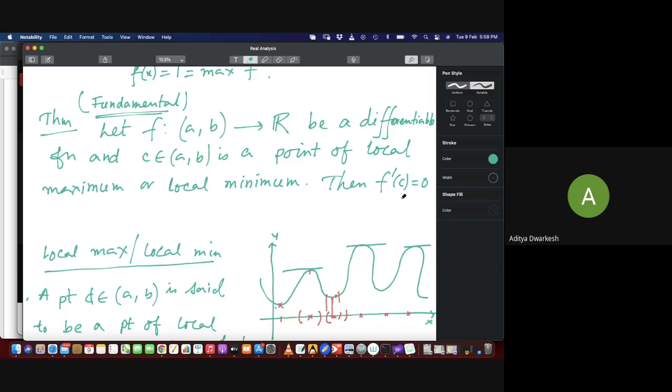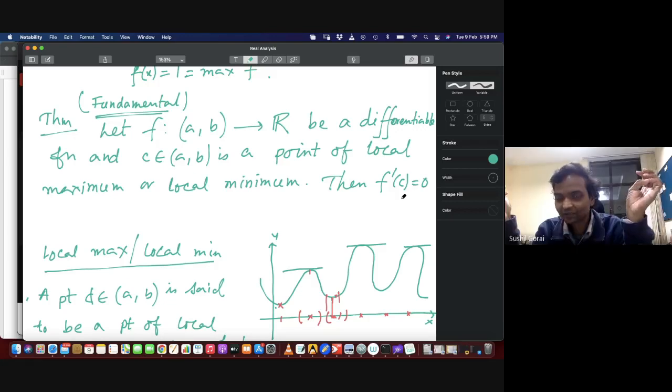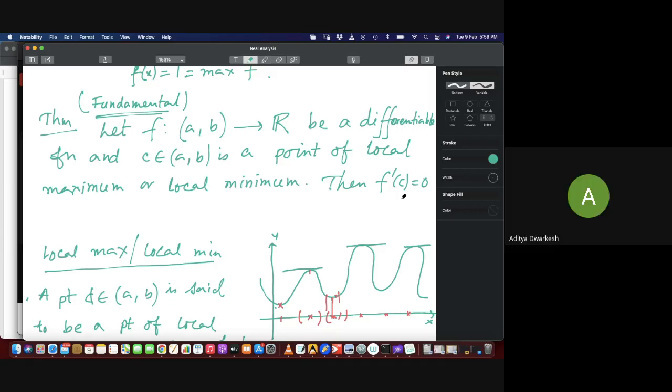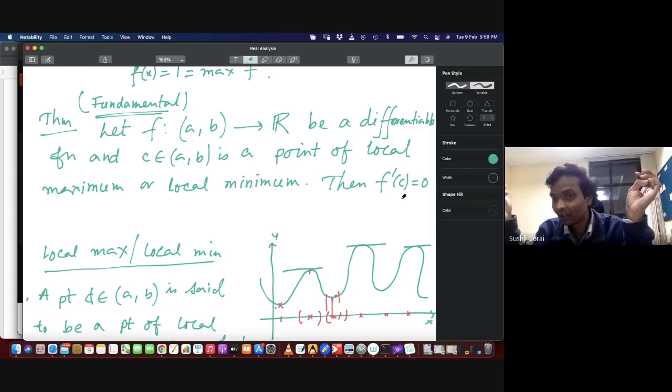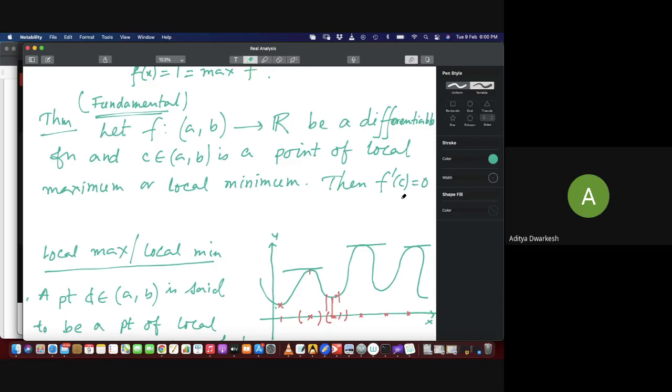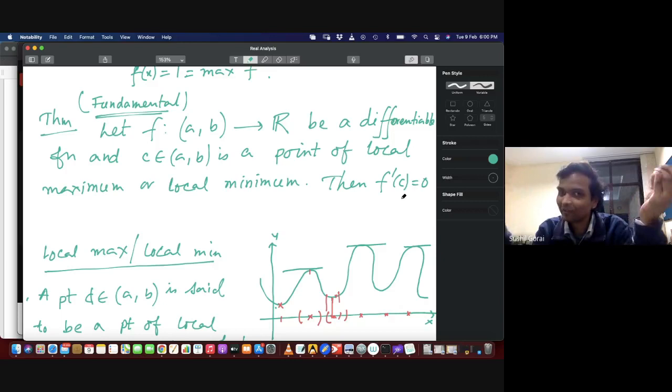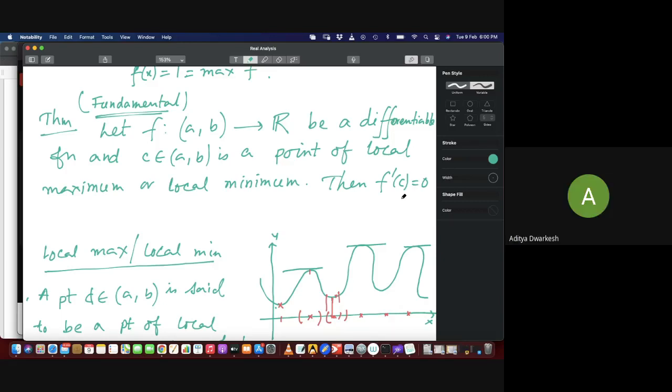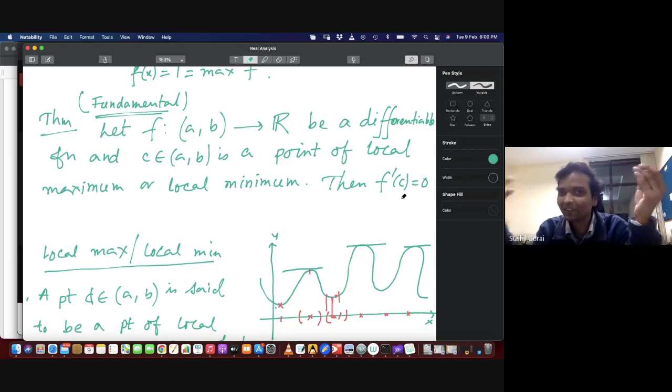Since we've moved on to the open interval (a, b), it is possible that there is no maximum or minimum in this open interval, right? Yeah, it's possible. Then the derivative is not zero at any point on (a, b). But then you know the behavior of the function.